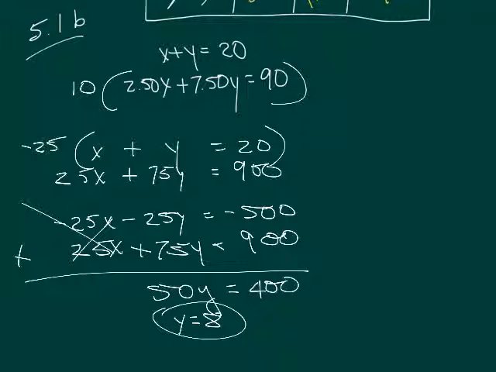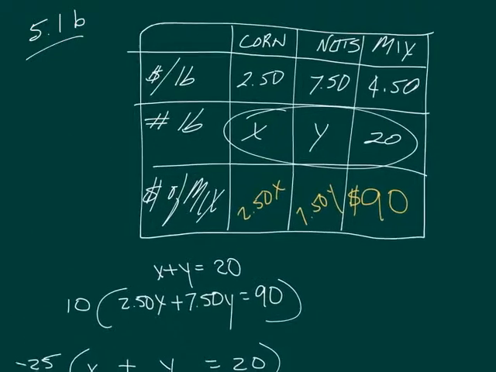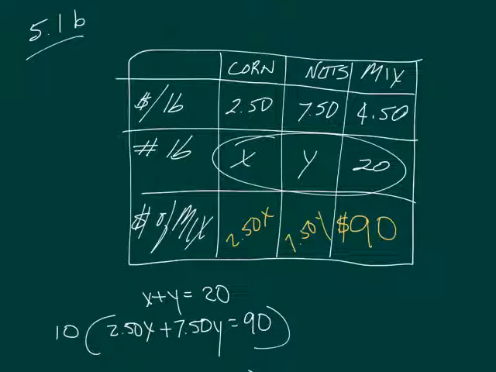And if my y equals 8, I can plug it back in the original problem up there at the top and find out that my x value is going to be 12. So that means that I can replace my x with 12 and my y with 8.